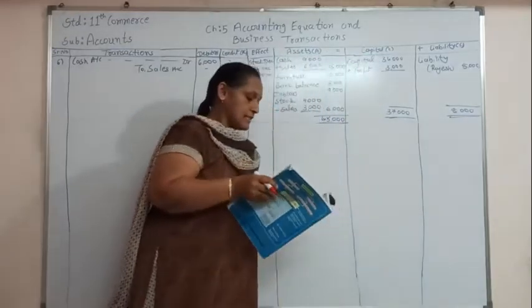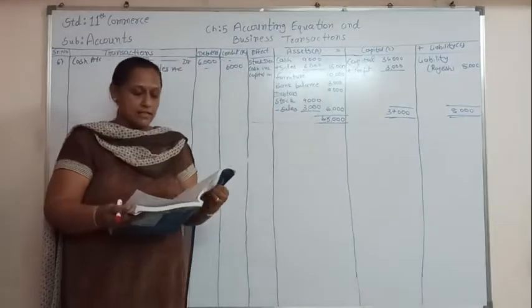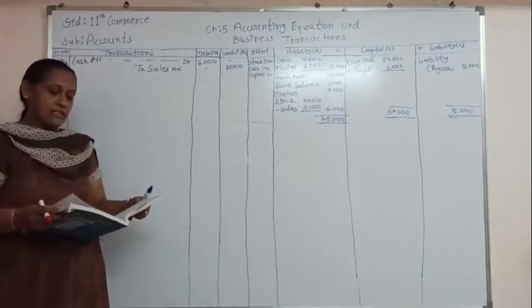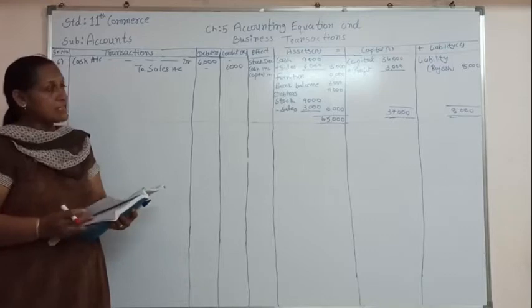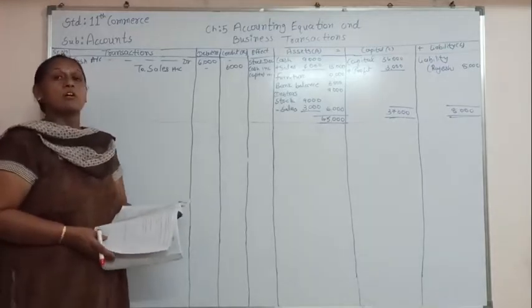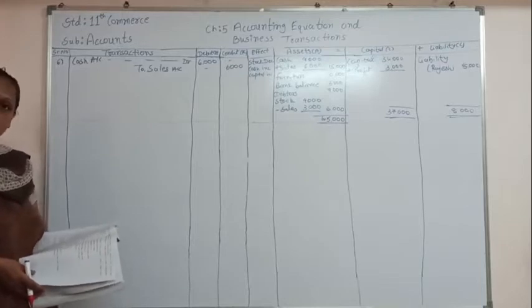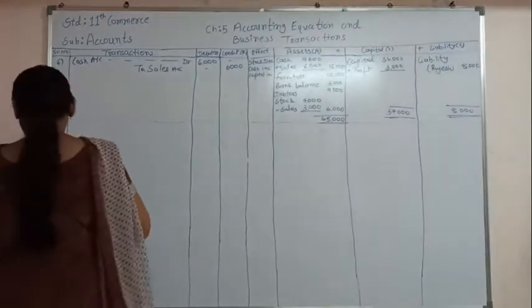The next transaction is transaction number 7. Goods of rupees 1,000 returned to Rajesh. So it is a purchase return. We are going to write the journal entry for that: Rajesh account debit to purchase return.